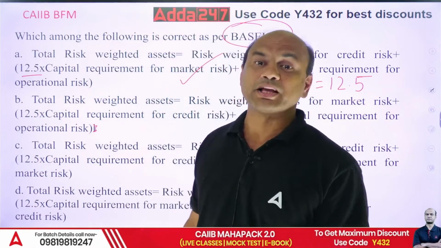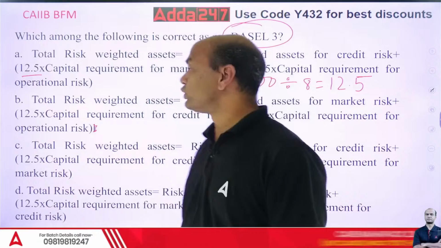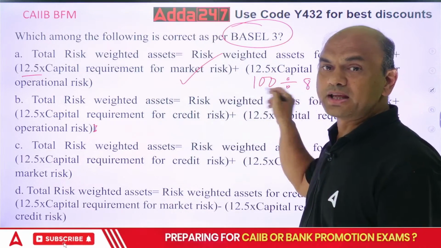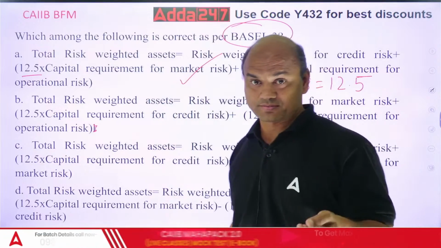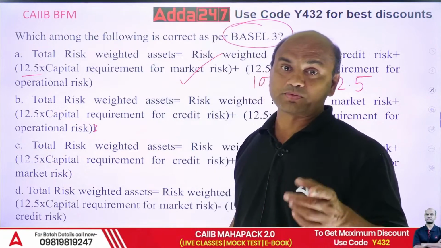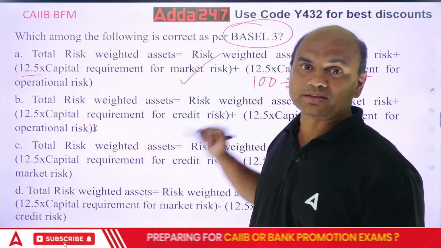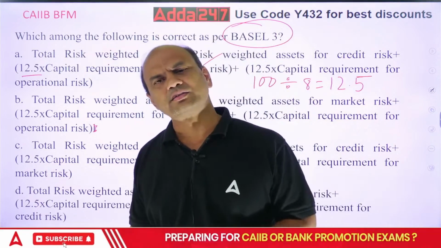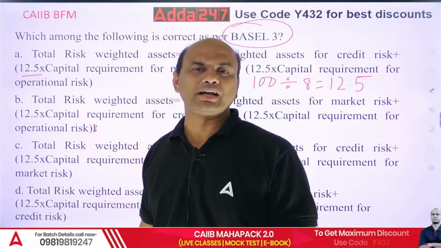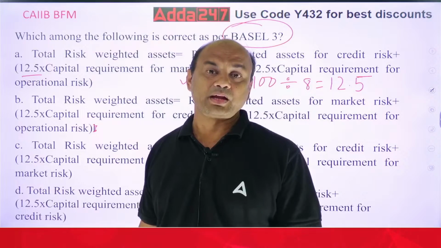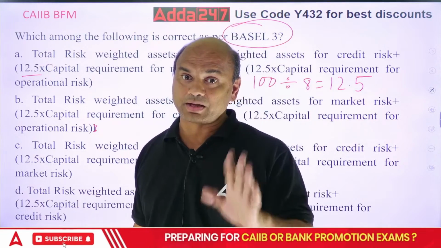Why? Because as per RBI norms, you have to divide this not by 8, you have to divide by 9 without buffer. So 100 upon 9 it is. So it will be different. 9 11s are 99. 11 point something it will be. It won't be 12.5 as per RBI.